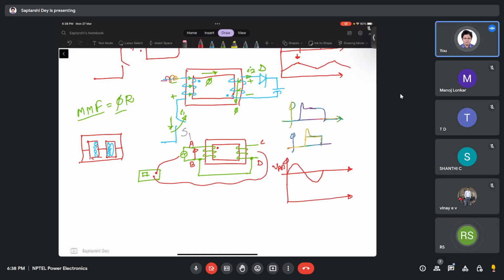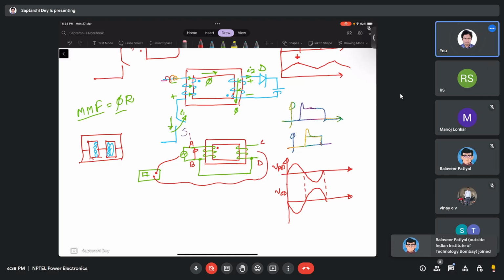On the oscilloscope, at the same time, I will also look at the voltage CD. The way I have drawn the transformer, voltage CD will come like this. So you can understand that it's opposite.